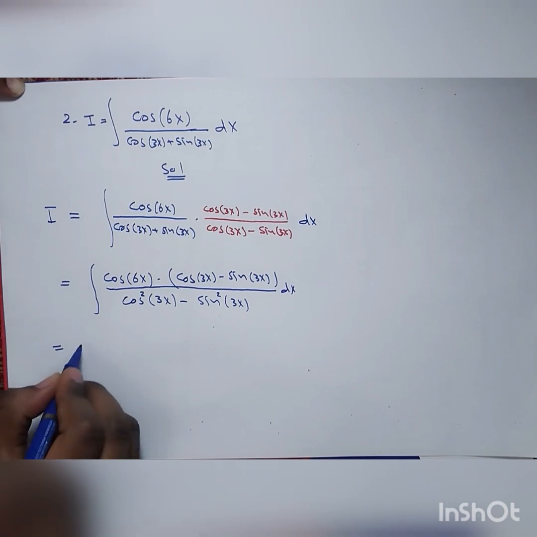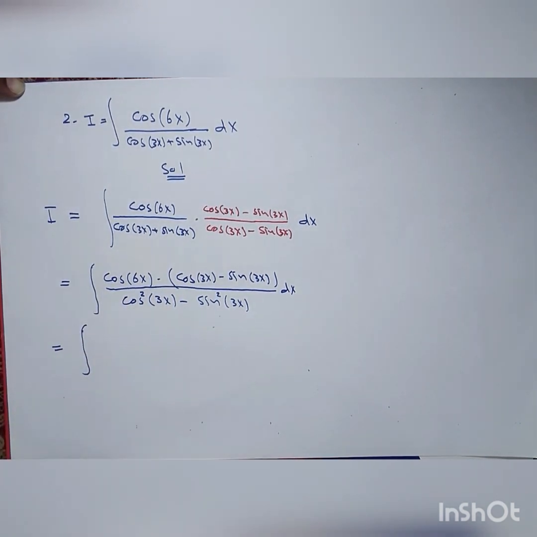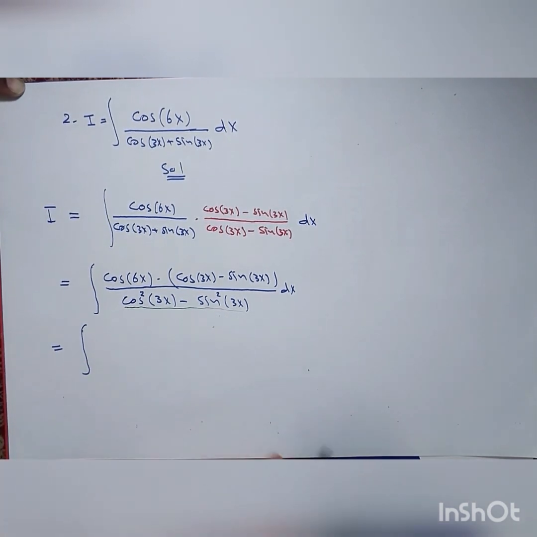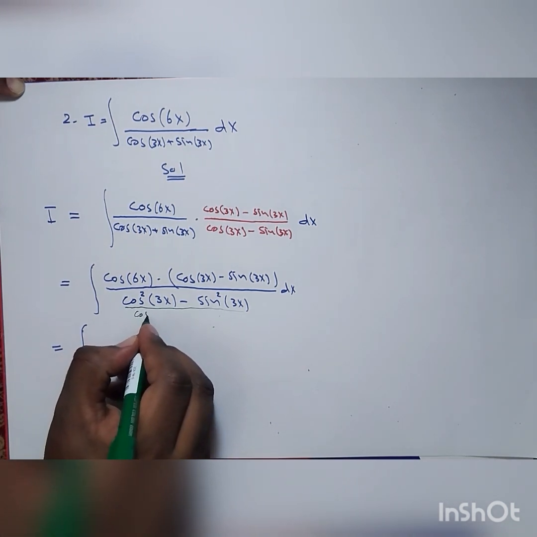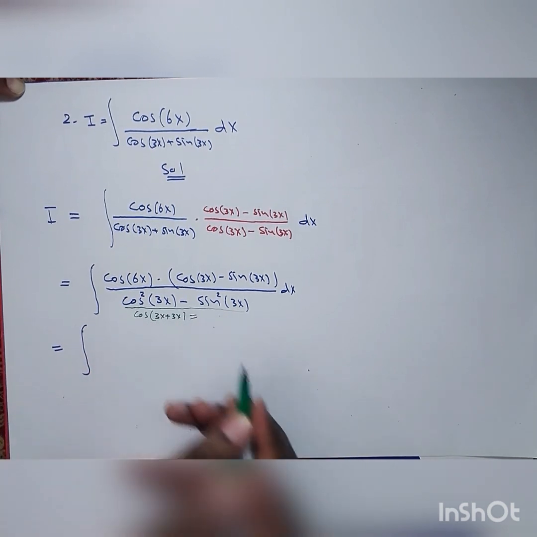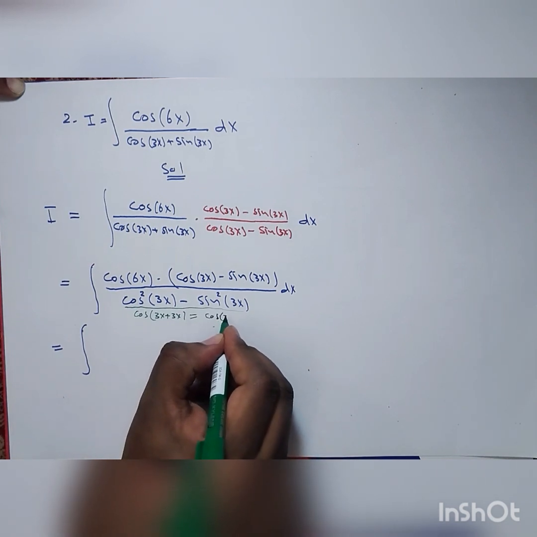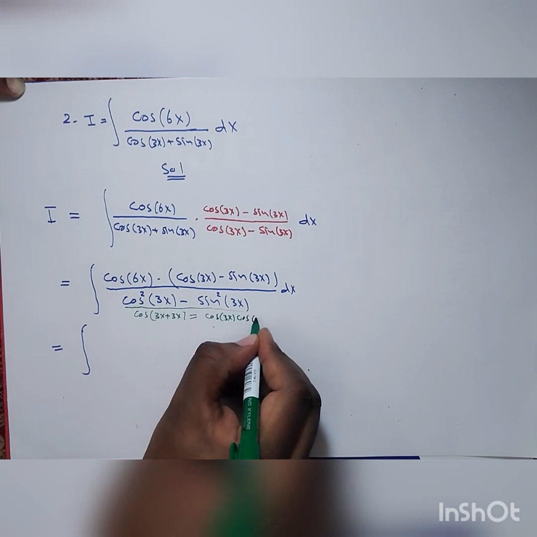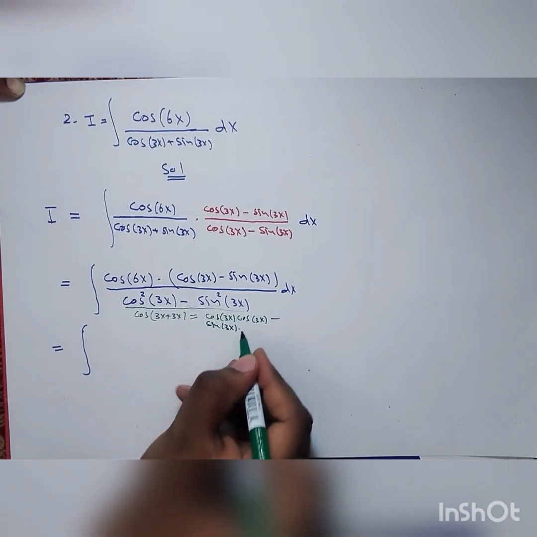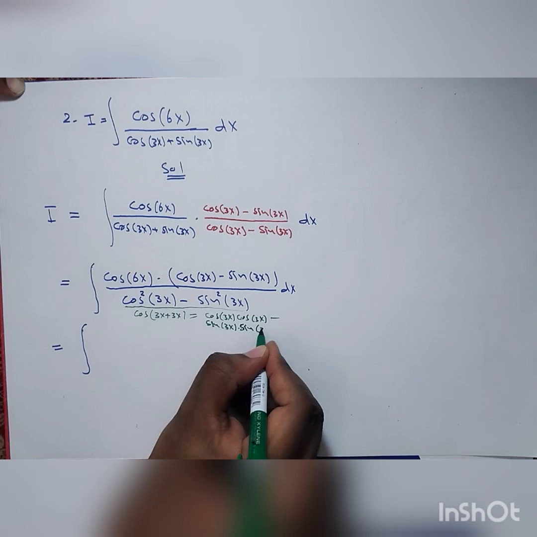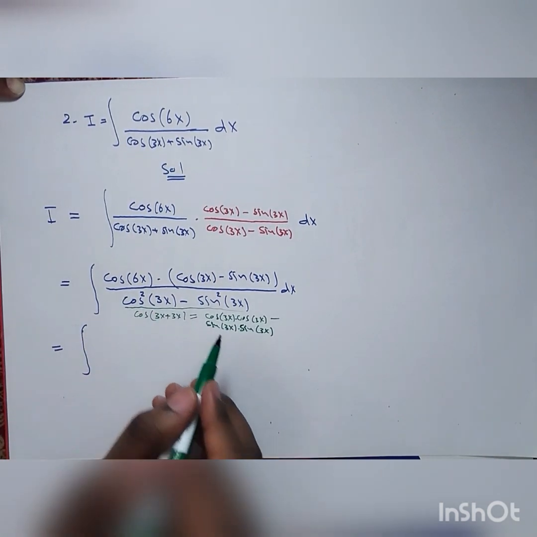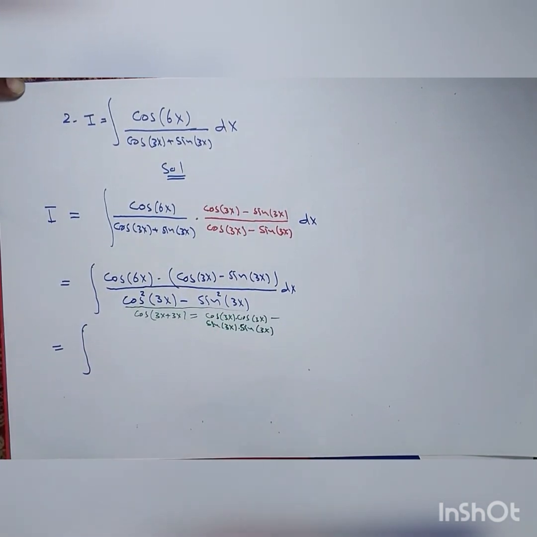Now this integral will be reduced to the following. We already know from the identities that the cosine of a sum of two thetas, 3x plus 3x, is equal to cosine 3x cosine 3x minus sine 3x sine 3x.